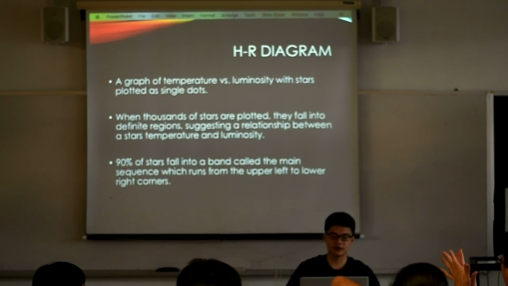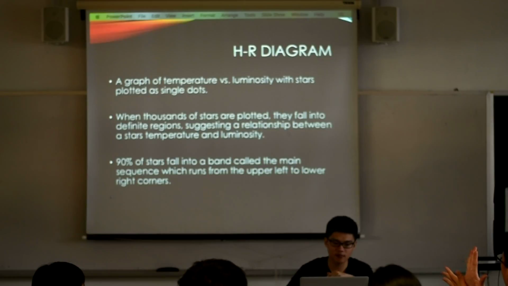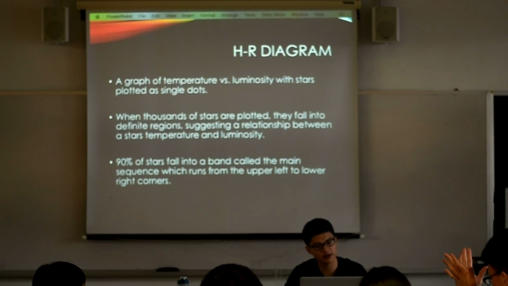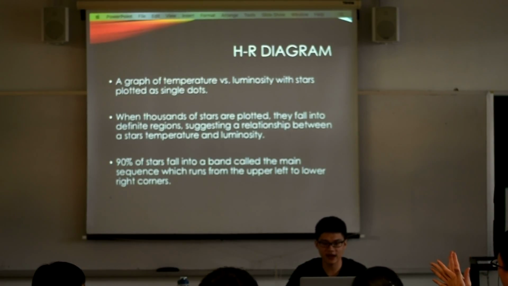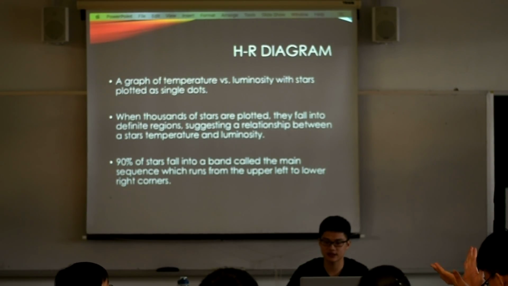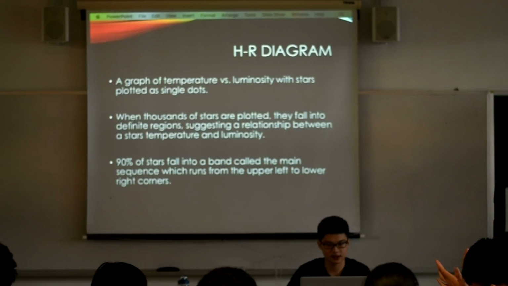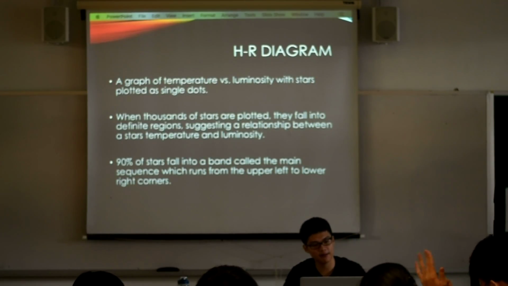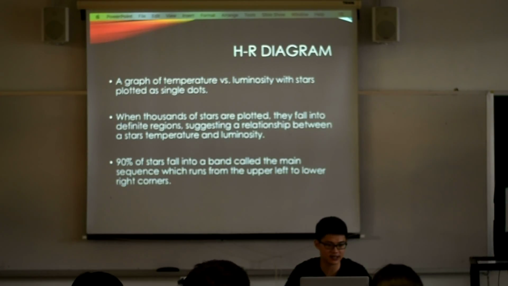So before we continue to talk about the journey of the stars, let's talk about one diagram to classify the stars, which is called the HR diagram. This shows the temperature against the luminosity of stars.